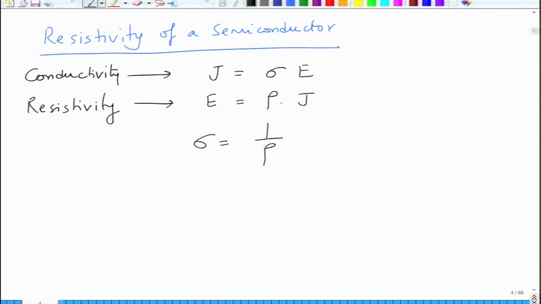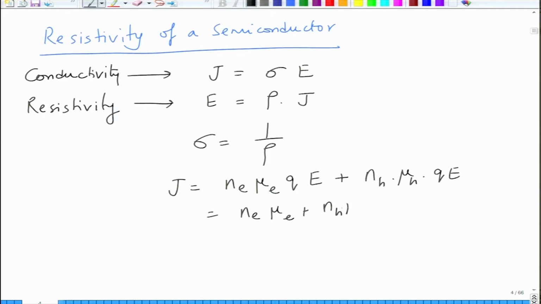So if J was equal to Ne mu E Q E plus NH mu H Q E, if we take common terms out, then this becomes Ne mu E plus NH mu H into Q into E. This is the term which is sigma.